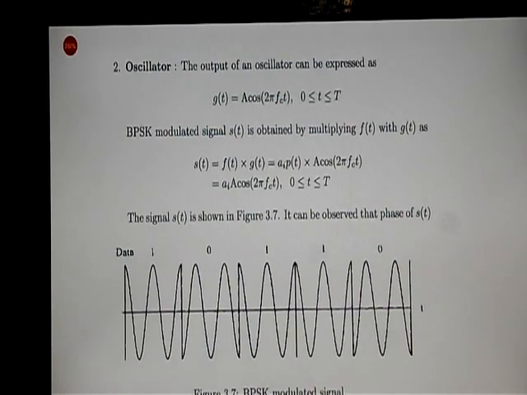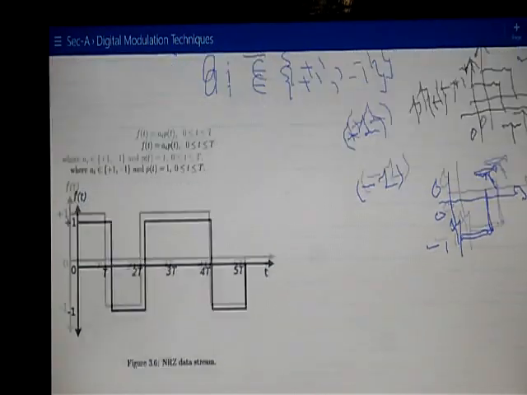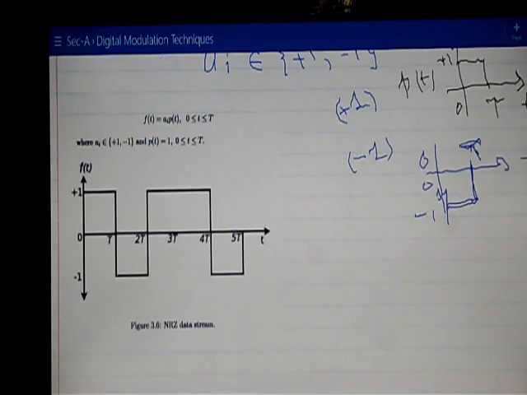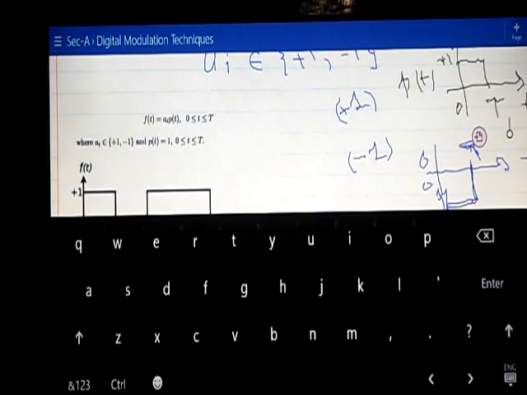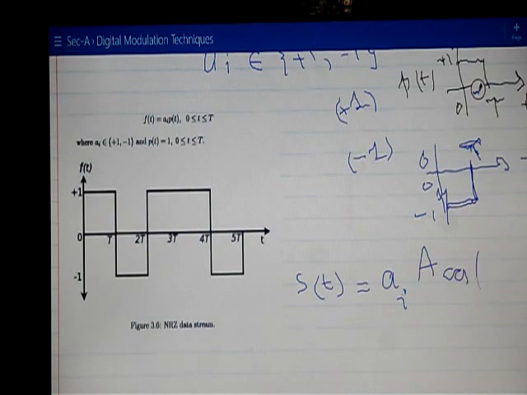Our s of t, which is the BPSK modulated signal, can be represented as a I multiplied by a cos of 2 pi f c t. This p of t exists only for 0 to capital T. So we can rewrite it in this form.